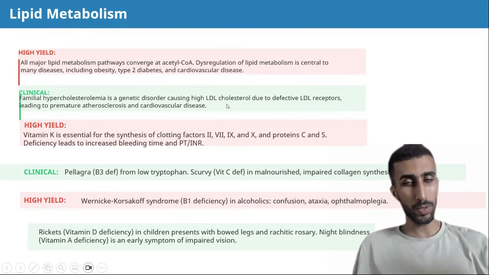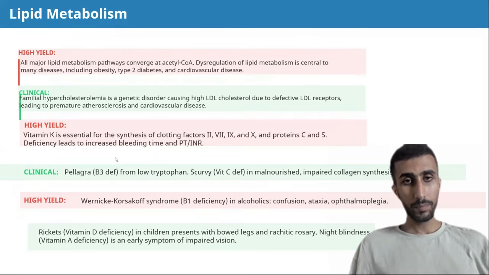So with this mutation in the receptor, we get very high levels of LDL cholesterol, and the LDL cholesterol leads to premature atherosclerosis. Some patients may get an MI in their 20s, and they get cardiovascular disease and obesity. So this is familial hypercholesterolemia.